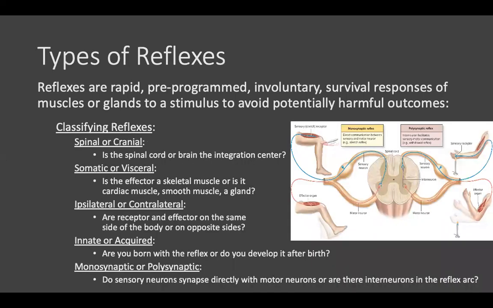So then how can we classify these? Well, technically, the ones that really matter are the top two and realistically the fourth one. I mean, we care about whether or not they are going to cross over to one side or the other. And we do care about how many neurons are going to be at play here, but realistically, what you really want to know is whether or not something is going to be a spinal nerve or a cranial nerve.